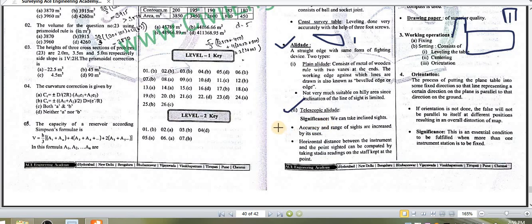Accuracy and the range of sights are increased by its use. Telescopic alidade, as I have told you, since it is having a telescope, accuracy improves, its range also improves. Horizontal distance between the instrument and the point sighted can be computed by taking the stadia reading on the staff kept at the point. Since it has been provided with the telescope, if you are using a leveling staff, we can also measure the horizontal distance by taking stadia readings, that is the top hair reading and the bottom hair reading.